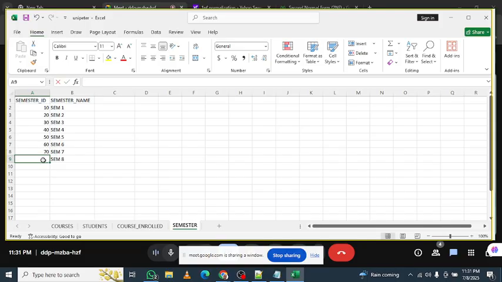So a semester in pairs. Do you understand? Semester one, semester two, three, and so on. No, semester should not be in pairs. We just have semester one and two.